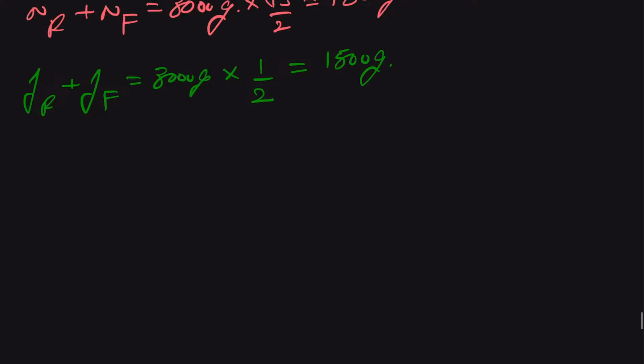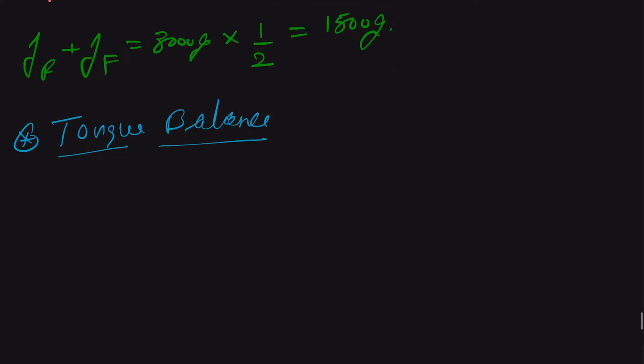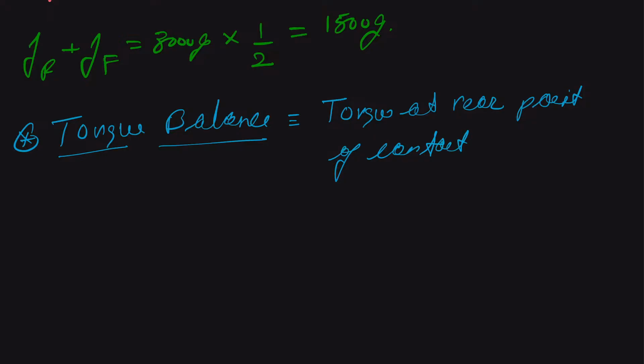And now we come to the torque balance. So let us find out the torque about the rear point of contact, that is at the origin whose coordinate is 0 and 0.